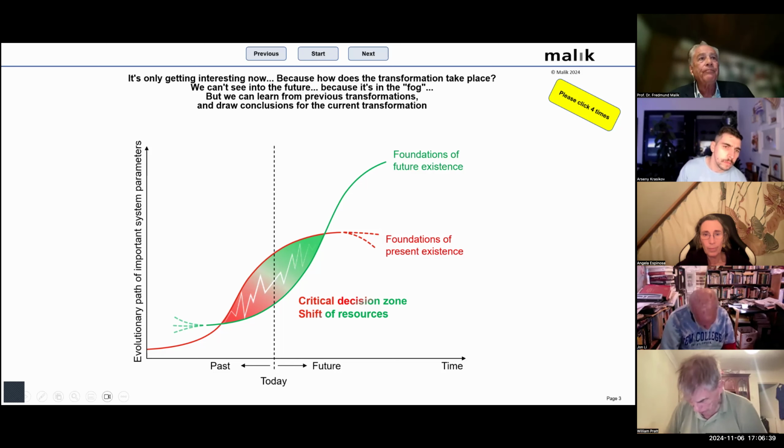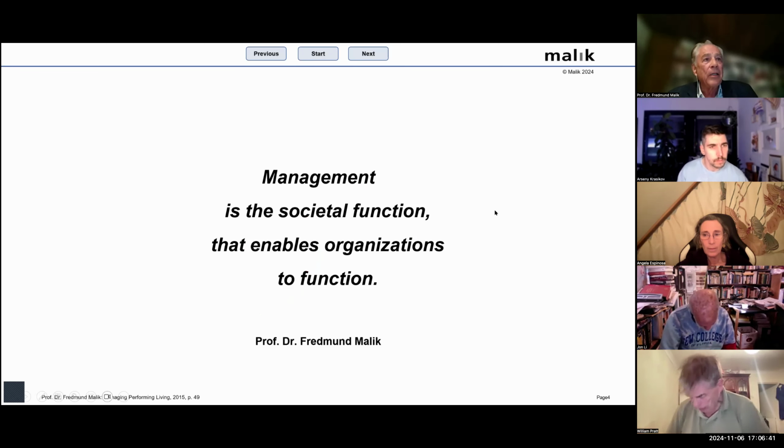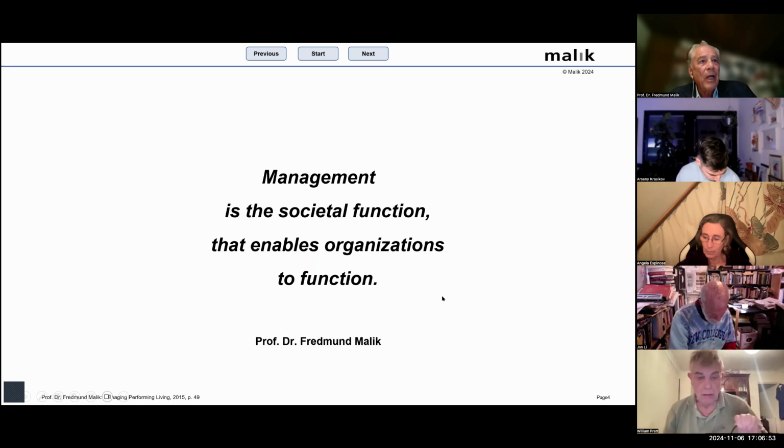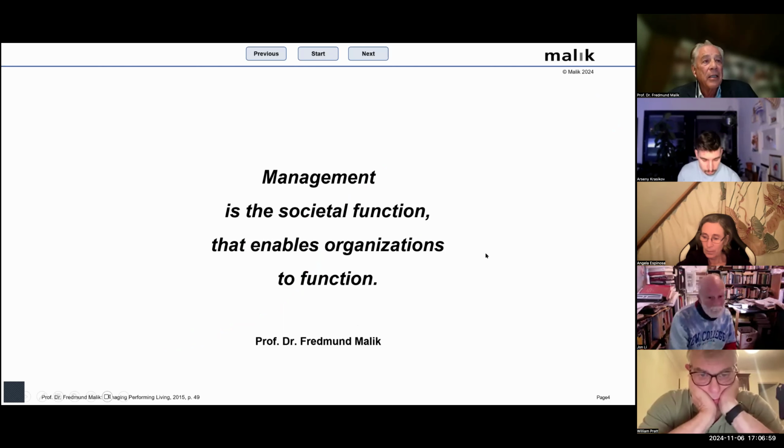Now, management is, in my opinion, the societal function that enables organizations to function. Trivial, you might think, but for my clients, this is quite interesting.